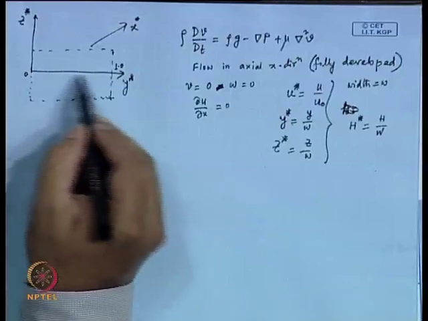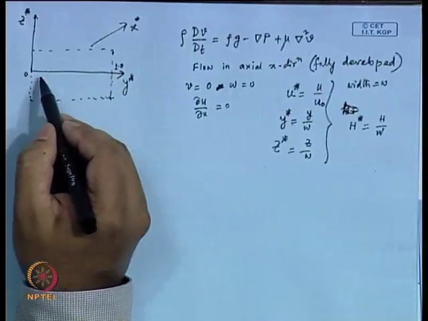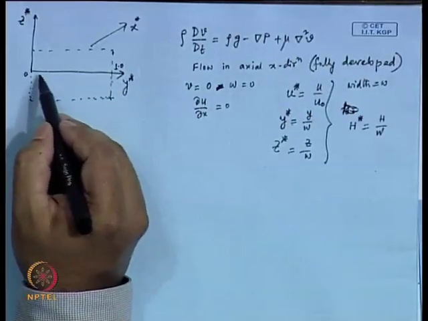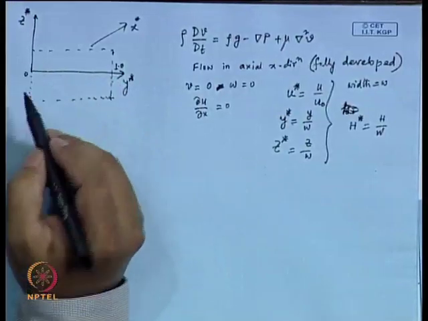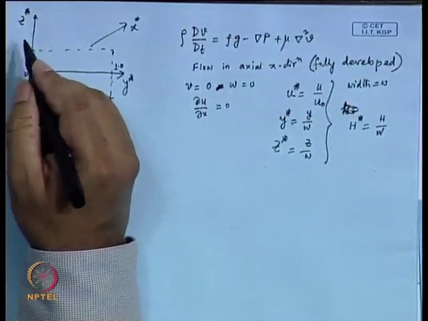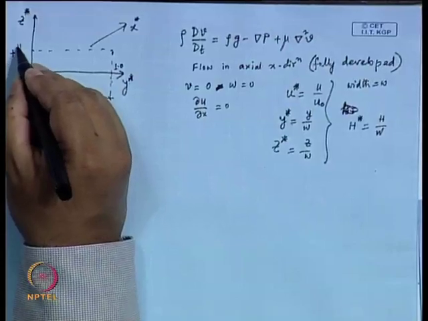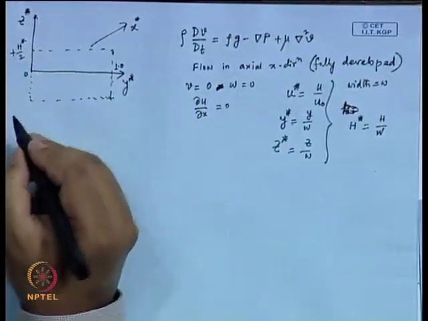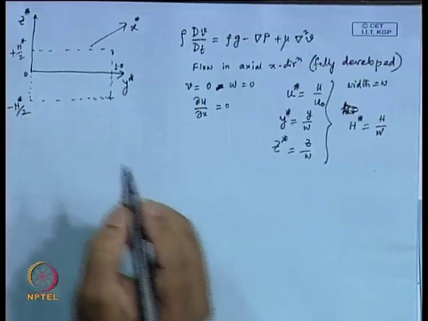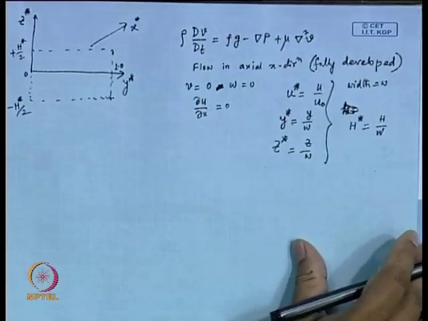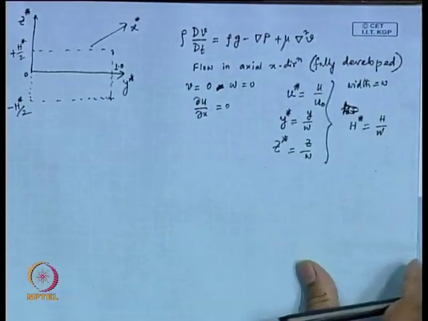So, this should be from 0 to 1 when it comes to the dimensions of the channel in dimensionless form. However, this part would be plus h star by 2 to minus h star by 2.